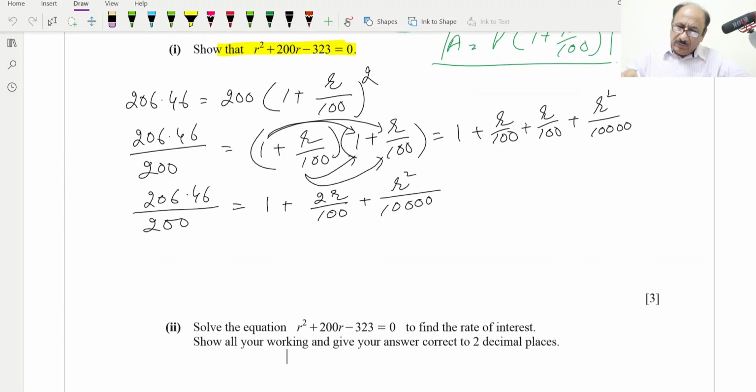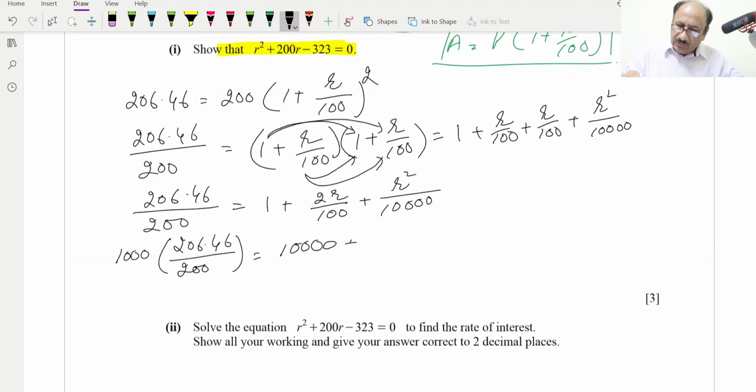Now we can get rid of this denominator. So we can multiply basically this by 10,000, not 1000, into 206.46 divided by 200, and this side we will multiply by 10,000.